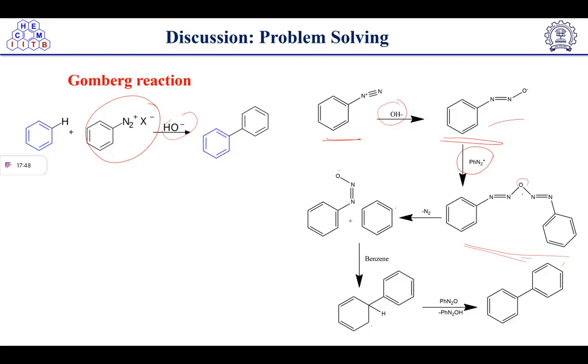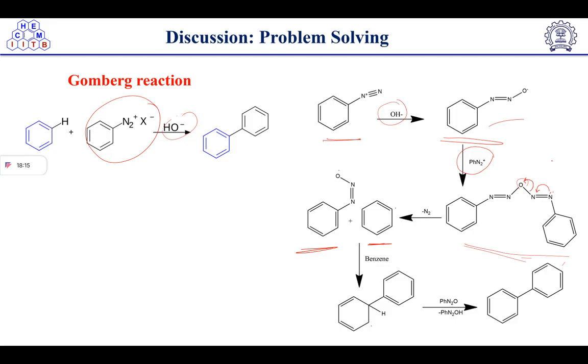So talking about the N2 elimination, if we push here, it will go like this, right? And we will get this intermediate along with the phenyl ring.